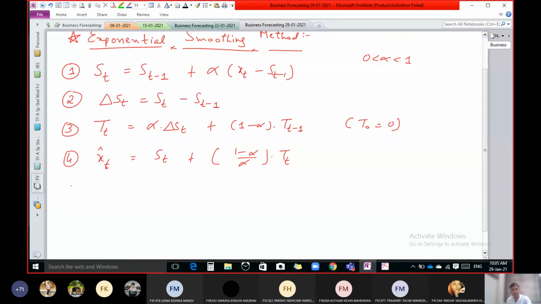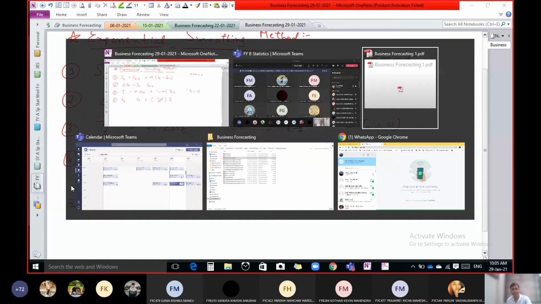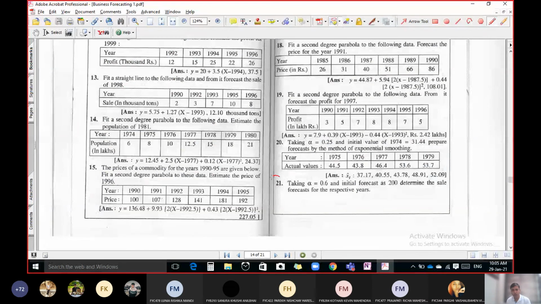So let us start. Example number 21. See the question. Taking alpha equal to 0.6 and initial forecast as 200, determine the sales forecast for the respective years. Here the same question is there.